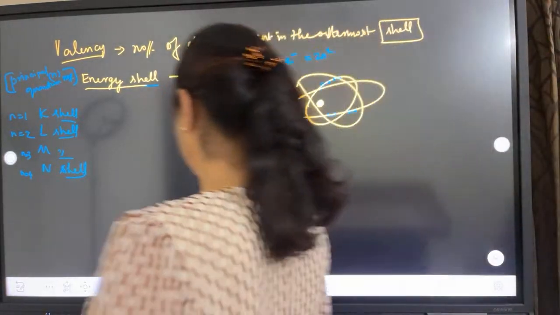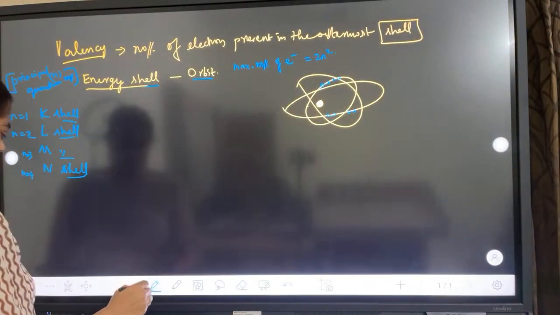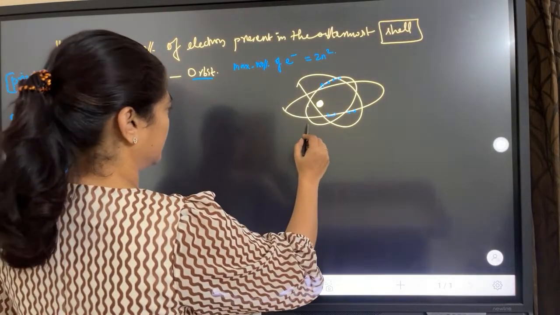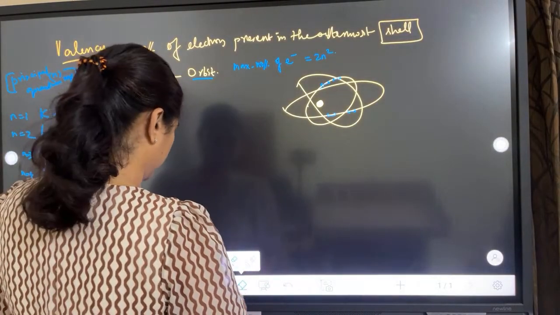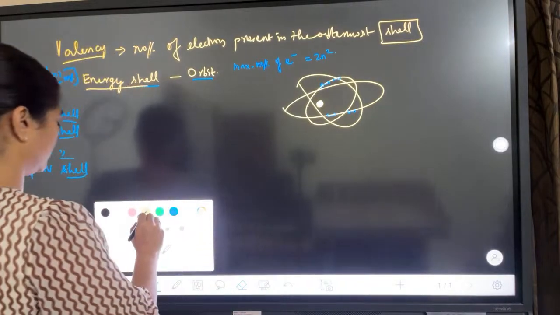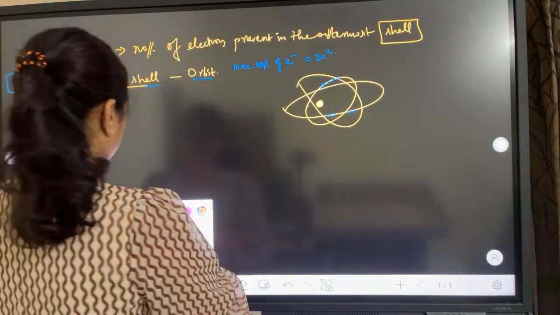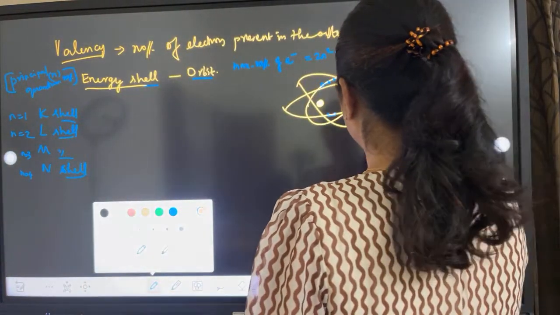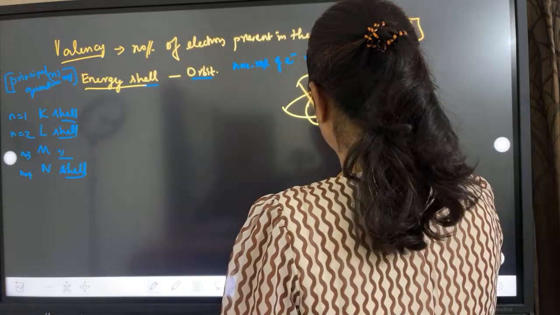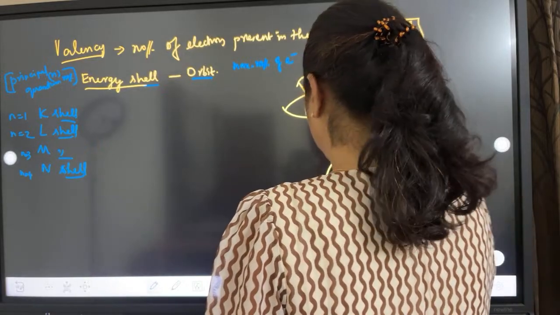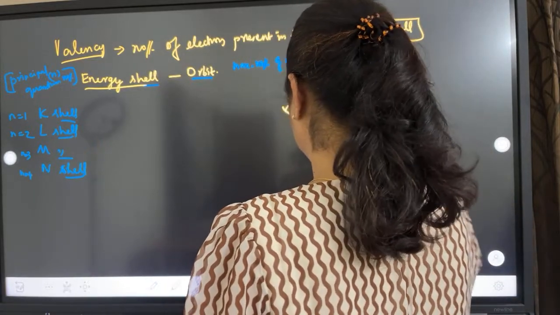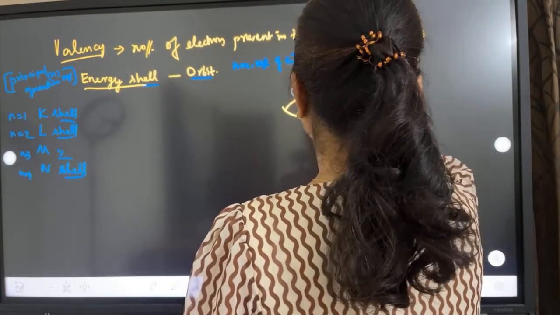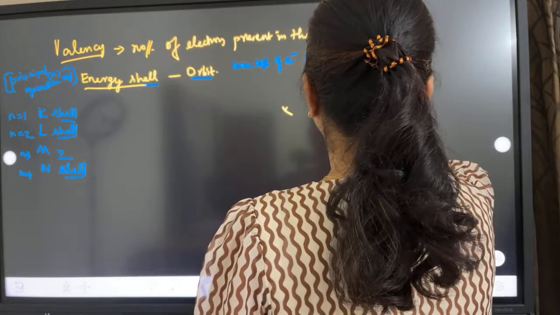Try to understand. For our own understanding, people draw an orbit like this. I'll explain. Say, for example, this is the nucleus.